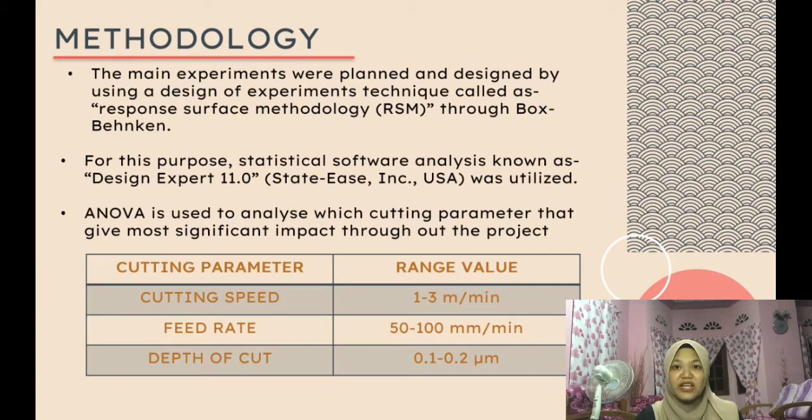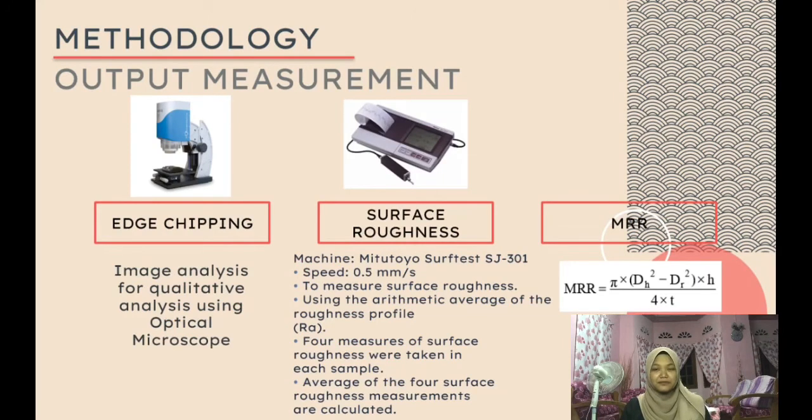The range values were found based on past research, and then the performance measurements, which are MRR, edge shaping and surface roughness, are measured. For edge shaping, image analysis for qualitative analysis using an optical microscope. Next, for surface roughness, a tester was used. Meanwhile, for MRR, this formula will be used to measure it.